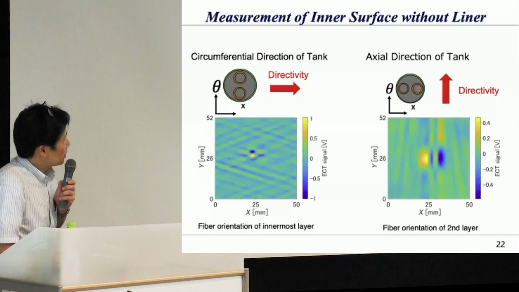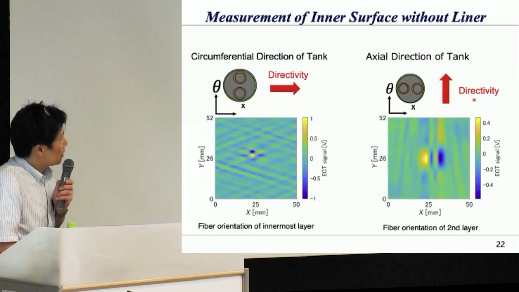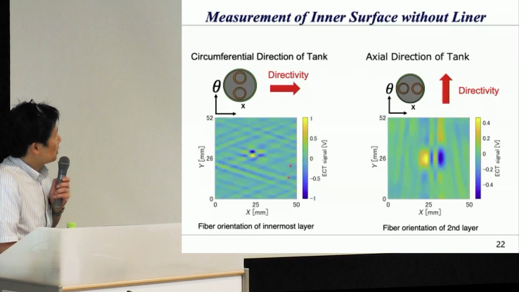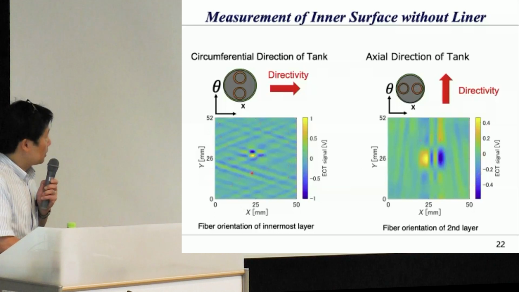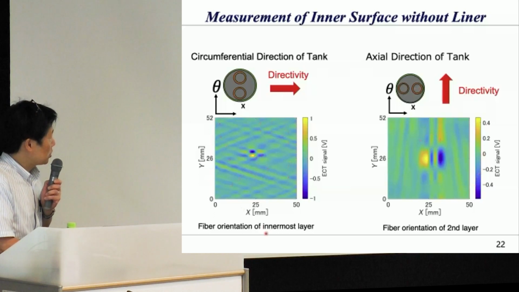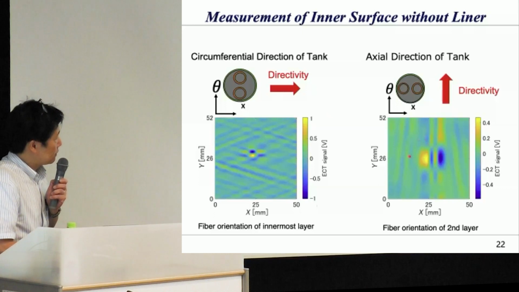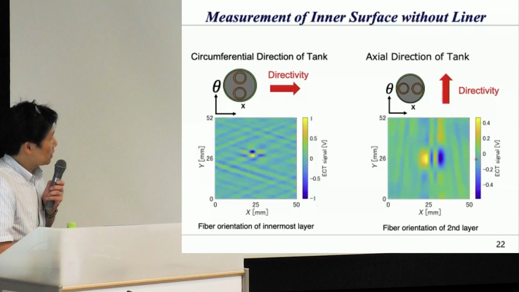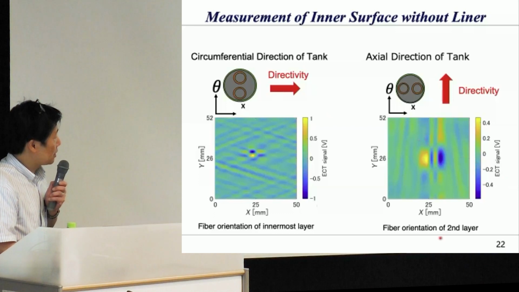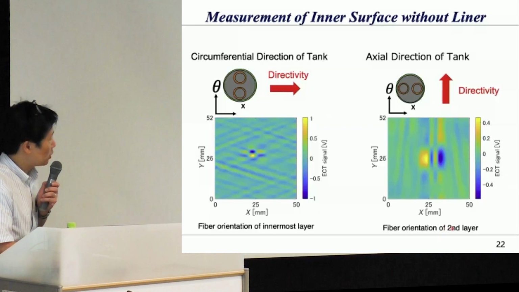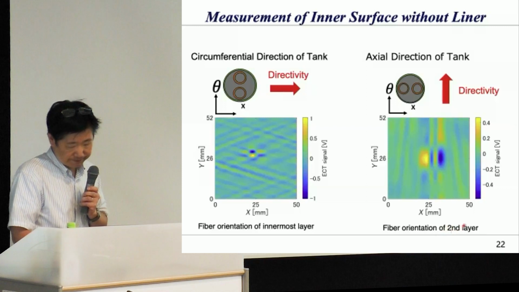If we change directivity, another pattern appears. For this data, we obtain the innermost layer. And for this pattern, due to the difference of winding, we can obtain the fiber orientation of the second layer.